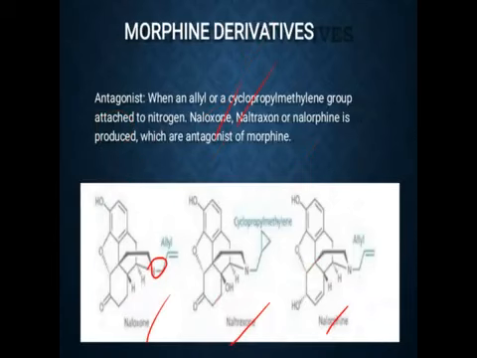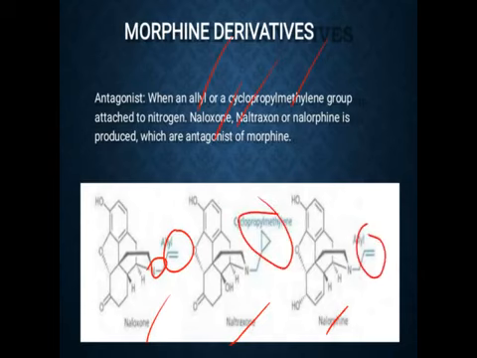But if this CH3 is replaced by an allyl group, or a cyclopropyl methylene group, or an allyl group in case of nalorphine, such modifications in the morphine derivatives make such drugs antagonists instead of undergoing the agonist activity.